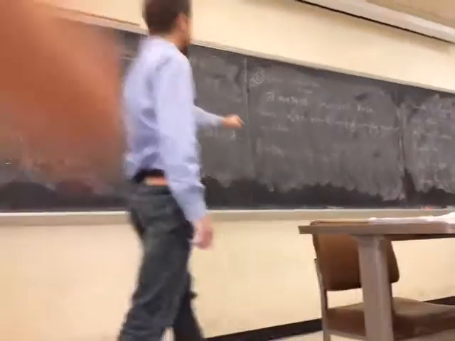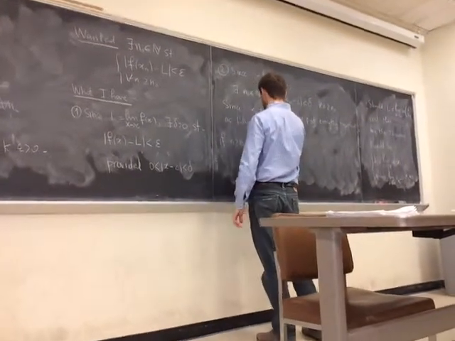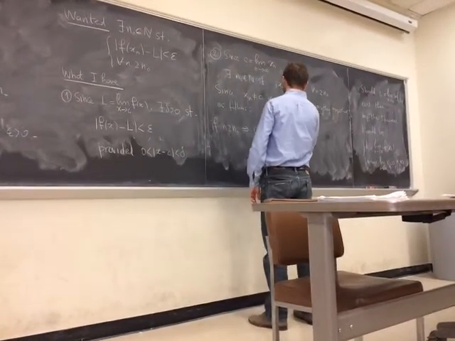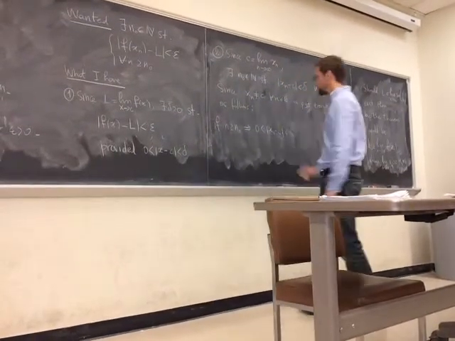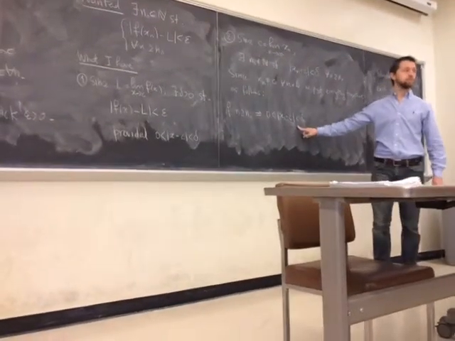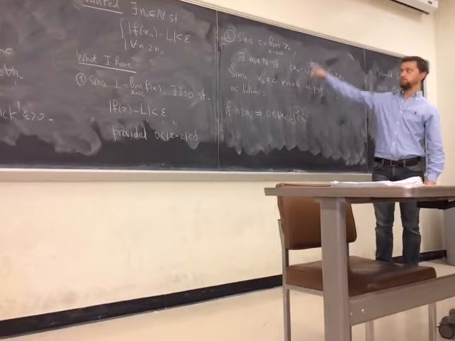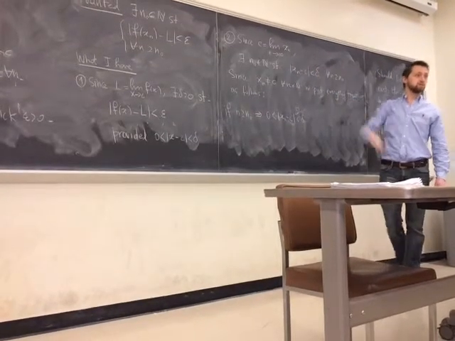So if n is larger than n naught, then I have xn minus c strictly between 0 and delta, right? The upper inequality comes from property 2, which was here, right?